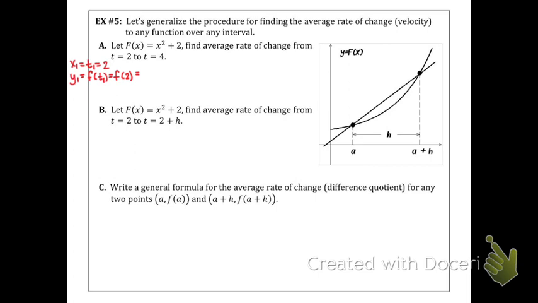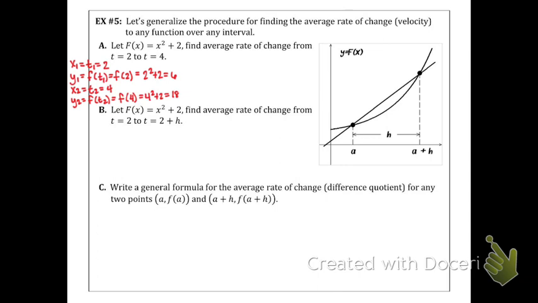And so it gives me 2 squared plus 2, which is 6. We know x2, which is our t2, is 4. And so y2 is f of t2, because I'm going to start changing this more to function notation, so that's why I'm writing it out here. So we're looking at f of 4, which is 4 squared plus 2, which is 18.